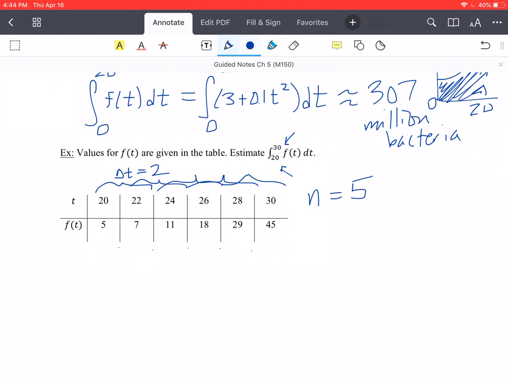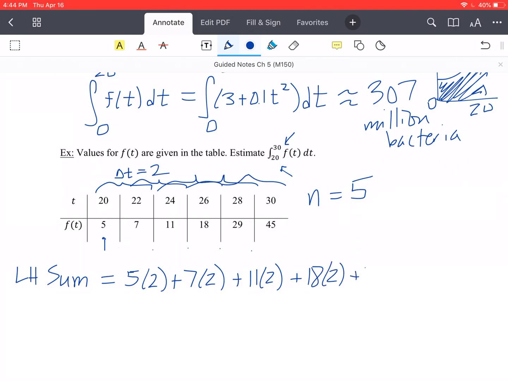So let's get the left-hand sum first. We're going to add up all of the areas of each of these rectangles using the left-hand endpoints. So we're going to have 5 times 2, plus 7 times 2, plus 11 times 2, plus 18 times 2, plus 29 times 2.